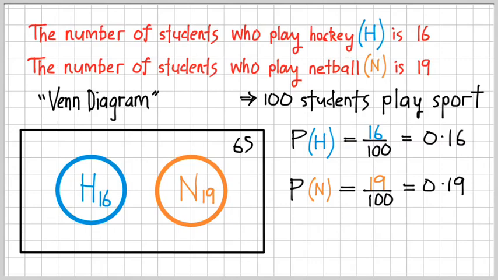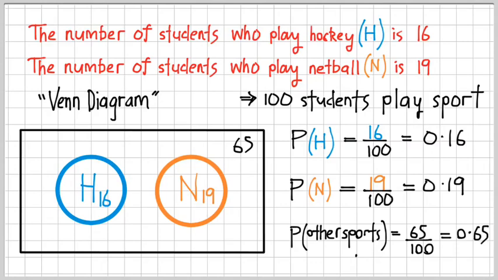There's one more probability that we can calculate, and that is the probability of students playing other sports. And that's represented by that 65 on the top right corner of the Venn diagram. And at the end of the day, we get a probability of 0.65.